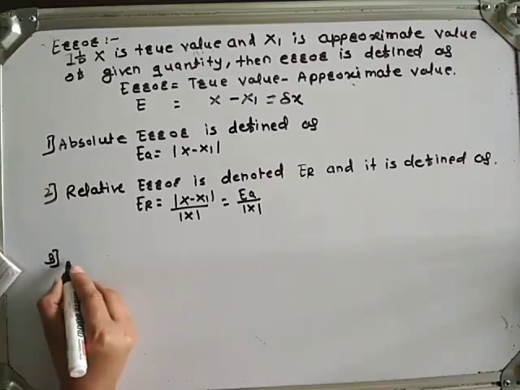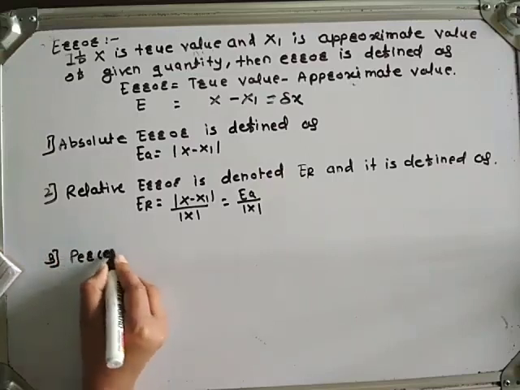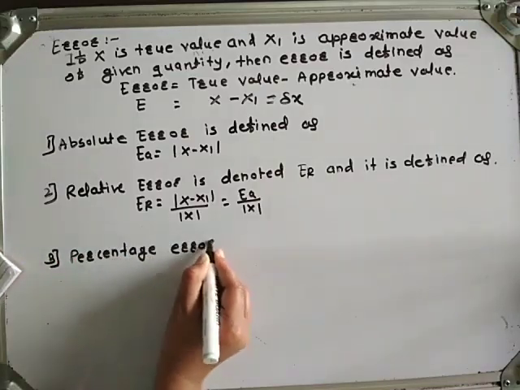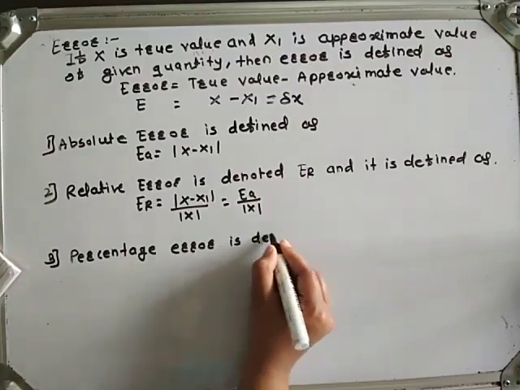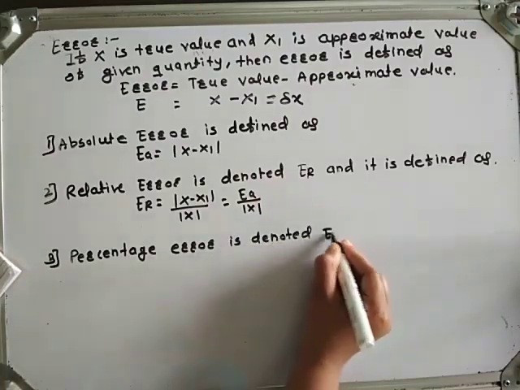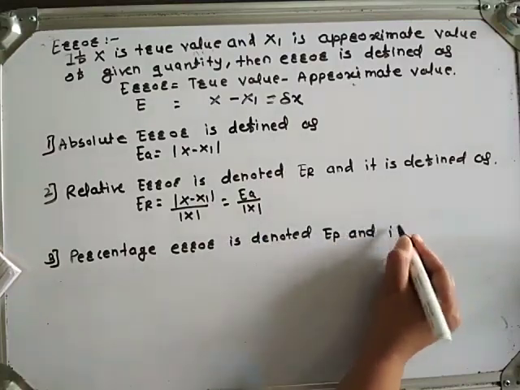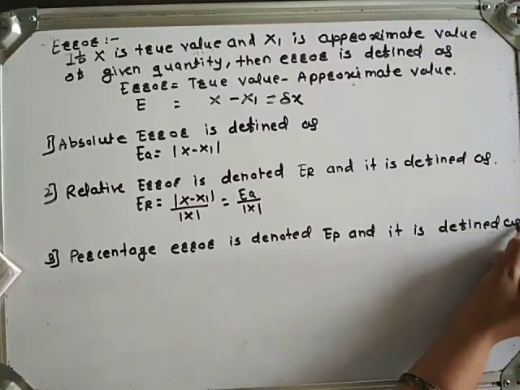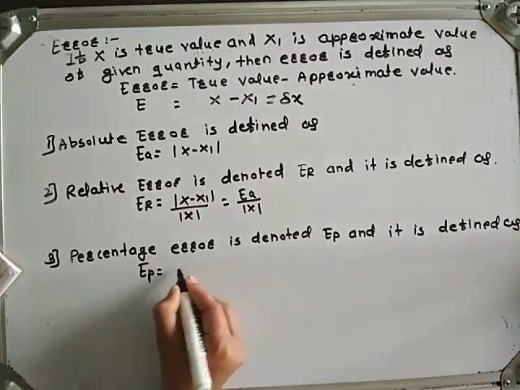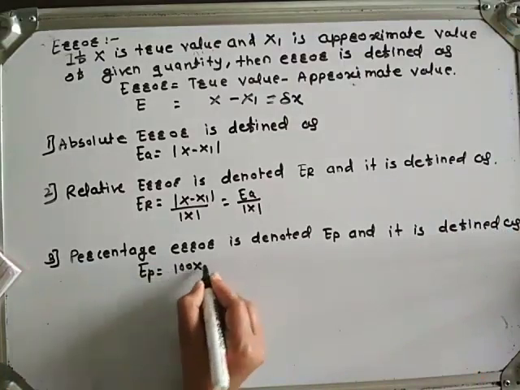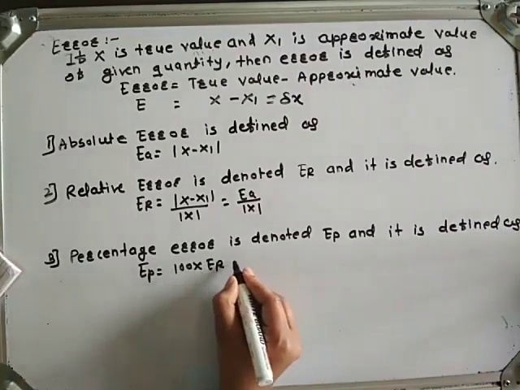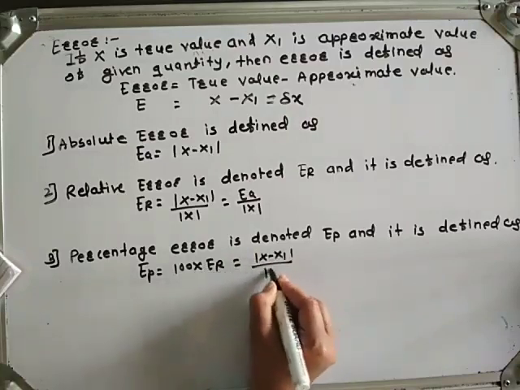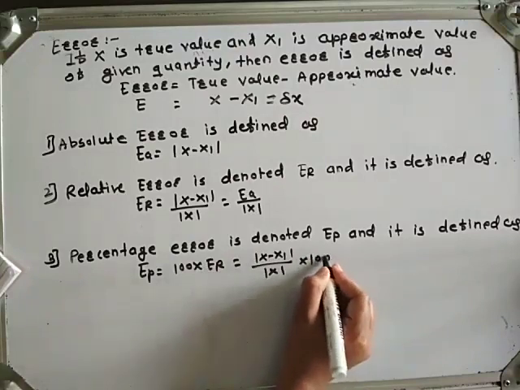The third error is percentage error. Percentage error is denoted by EP, and it is defined as EP is equal to 100 into ER, which is equal to mod x minus x1 upon mod x into 100.